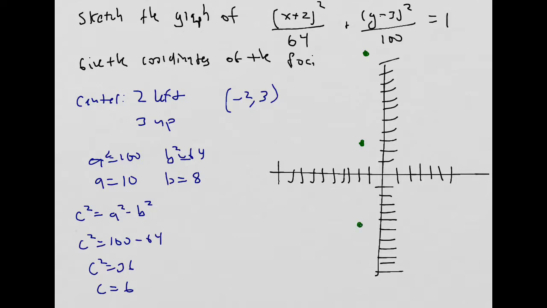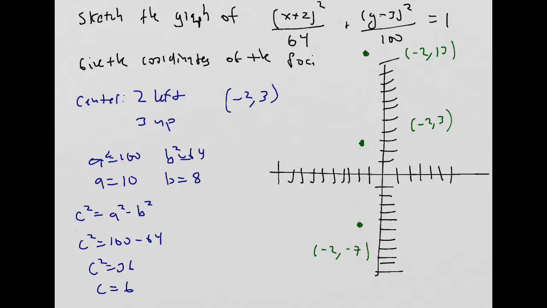Once again, the center is at (−2, 3). Since we move 10 units up, one vertex should be at (−2, 13), and the other vertex is going to be at (−2, −7). We're just moving 10 units up and 10 units down.